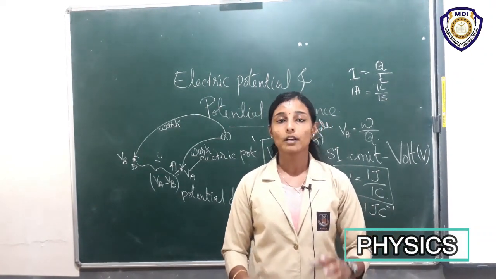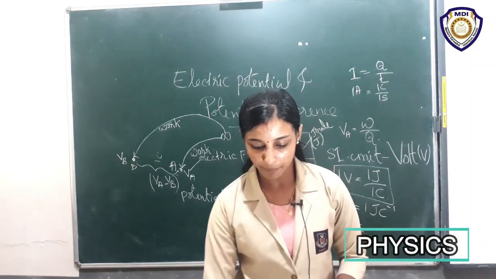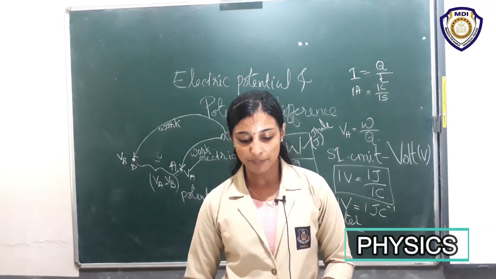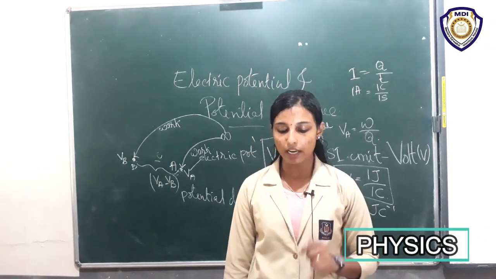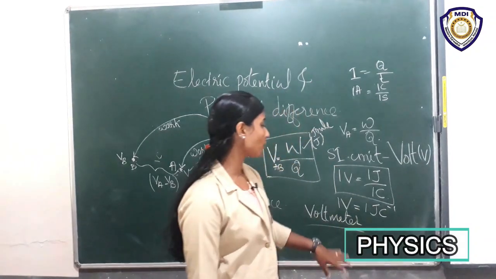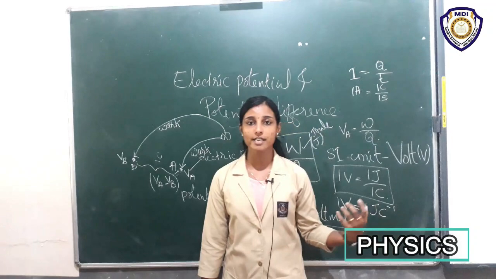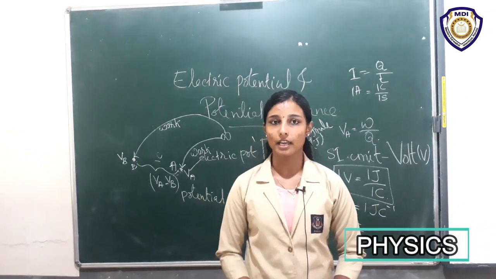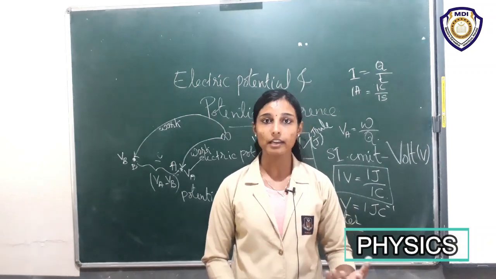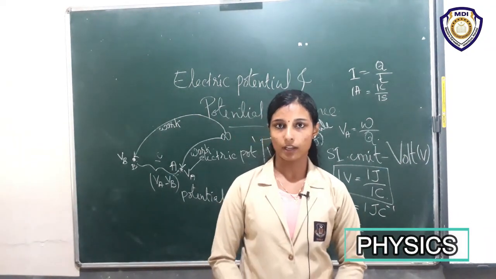Okay, so the voltmeter is connected in parallel across the points between which the potential difference is to be measured. The parallel connection and series connection we will discuss in the coming classes. At that time you will be more clear how this voltmeter is connected in a circuit.